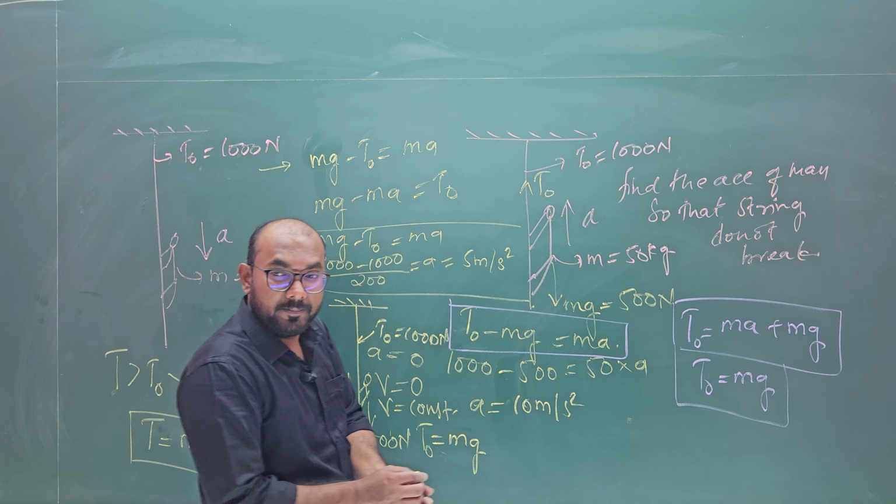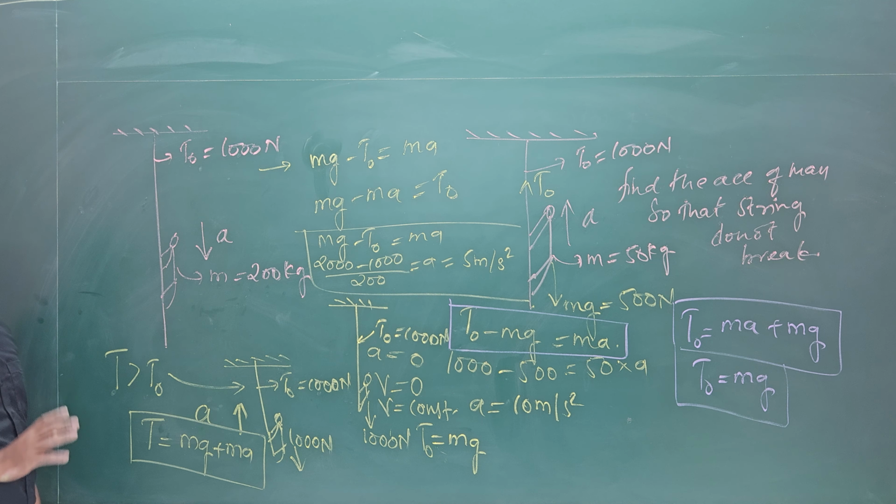Whenever the acceleration is in the upward direction, tension increases. And whenever the person is accelerating in the downward direction, tension decreases. Remember these points well.